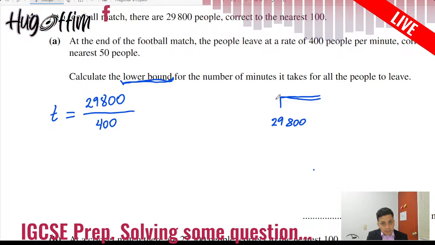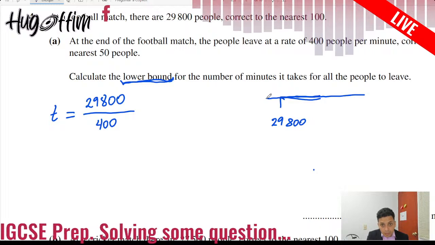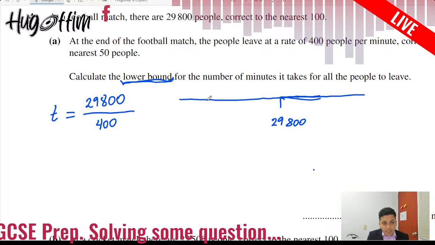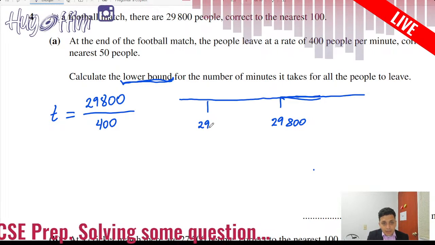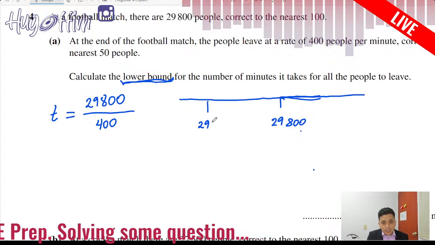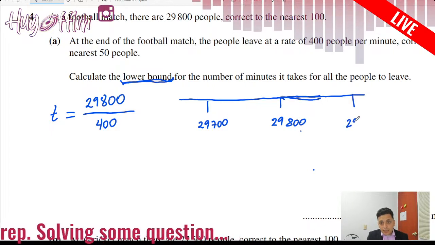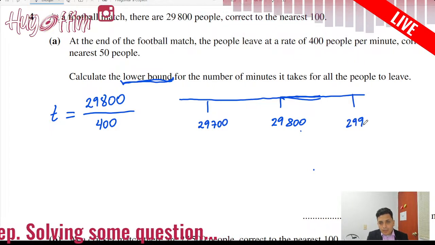Nearest 100. You need to imagine that this is like a ruler in which the next values to the nearest 100 are 29,700 people and 29,900 people.